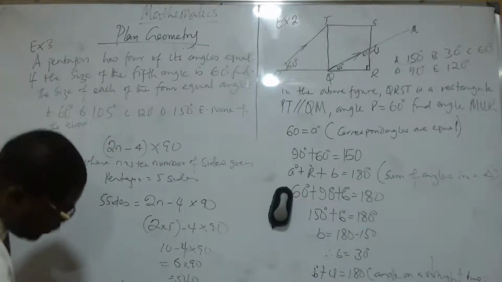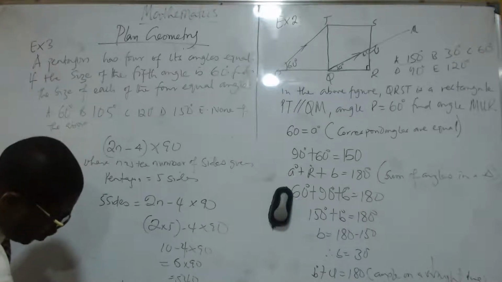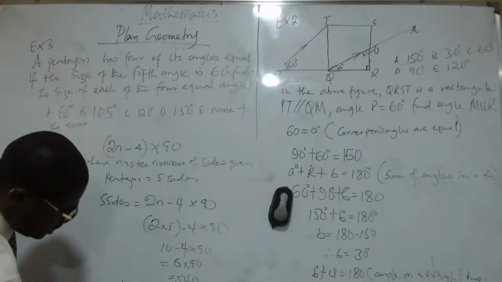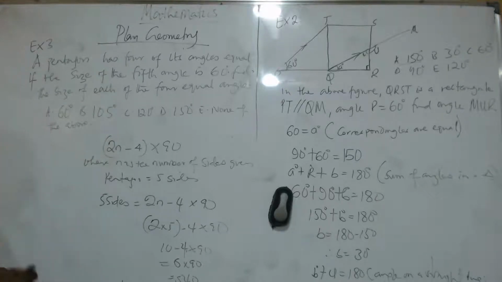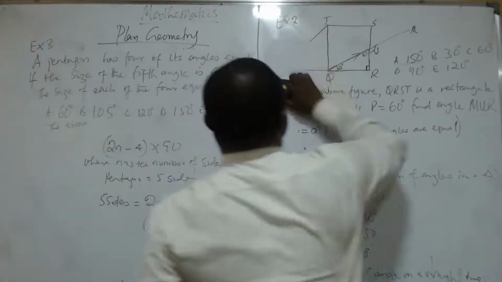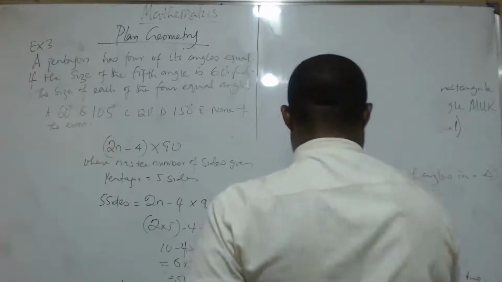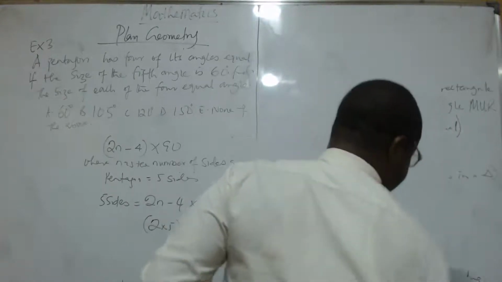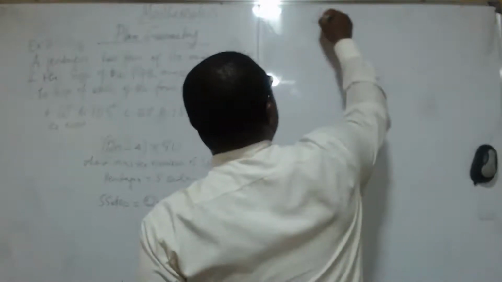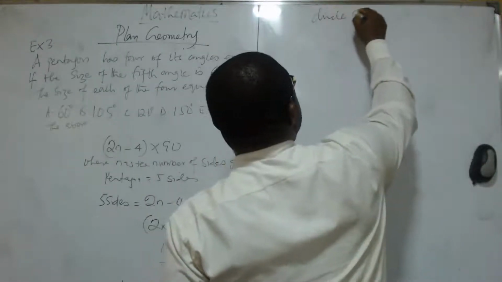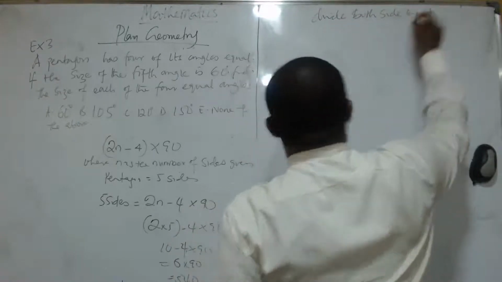Okay? So you have 540 minus 60, so 4x equals 480. Now divide both sides by 4.